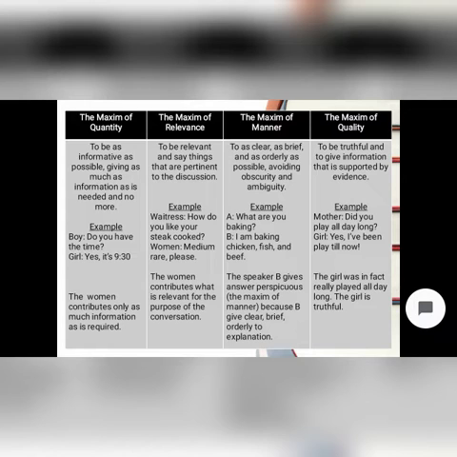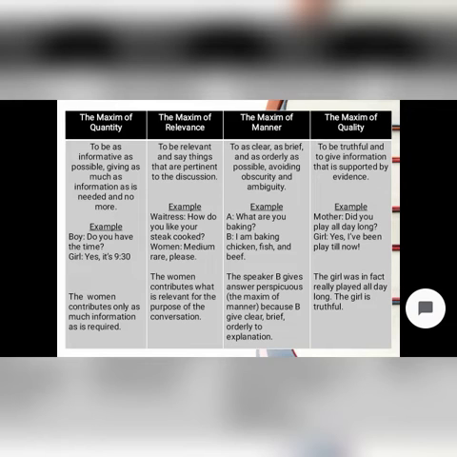So, for example, the waitress: how do you like your steak cooked? The woman answered, medium rare, please. So here we can see the woman contributes what is relevant for the purpose of the conversation.